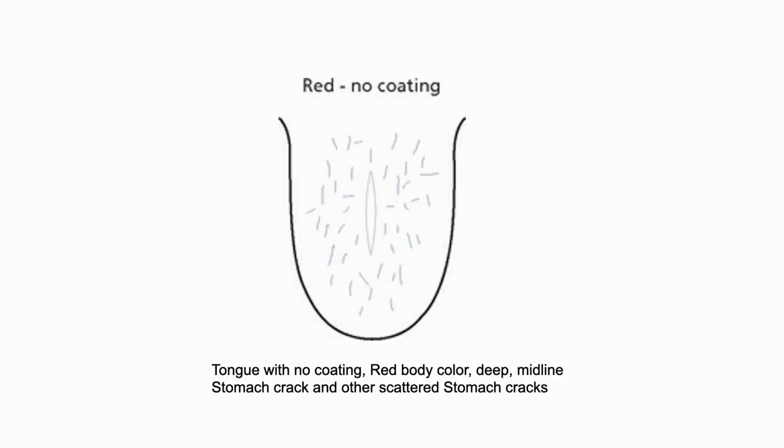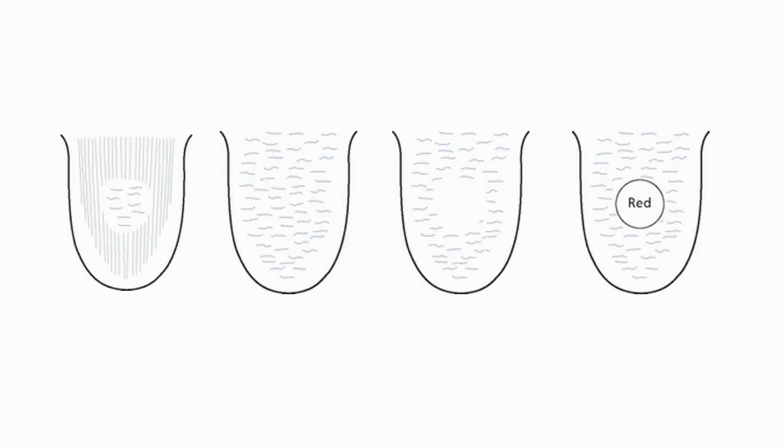Coating missing all over, red body color, indicates advanced yin deficiency with empty heat of the stomach and other organs, notably the kidneys. A variation of this tongue would be that, in addition to the above signs, the tongue also has a deep midline stomach crack and other scattered cracks, which simply indicate a more severe condition of yin deficiency of the stomach and kidneys.